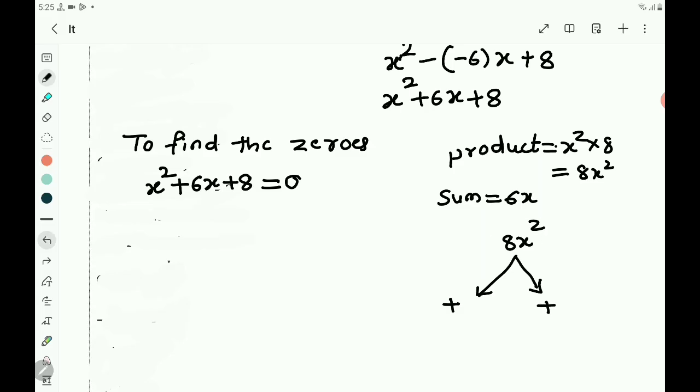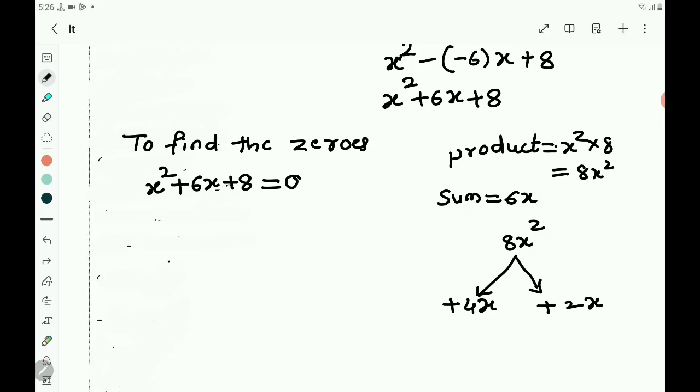In table 4 2s are. So you take 4 and 2, 4x into 2x. 4x into 2x is 6x square. 4x plus 2x is equals to 6x. Then the middle term 6x is splitted into 4x and 2x.